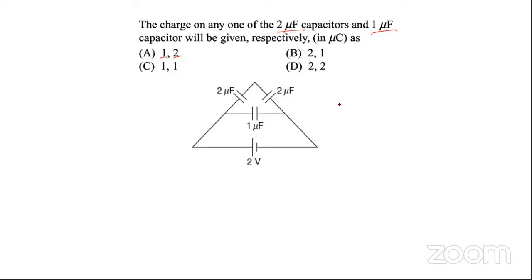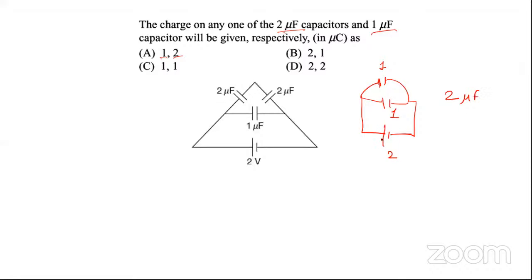The resultant of this circuit can be drawn as, this is 1 and this is again 1, and we have connected a potential difference of 2. All right, so the capacitors are equal and the total is 2 microfarads.